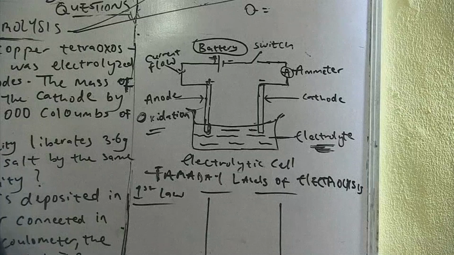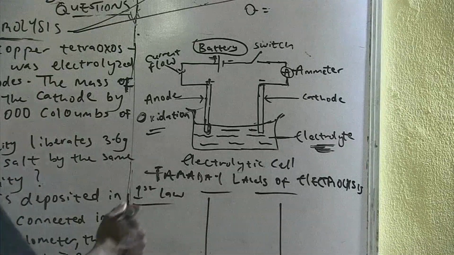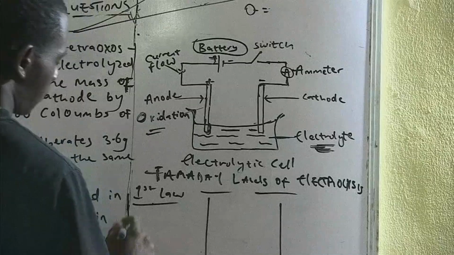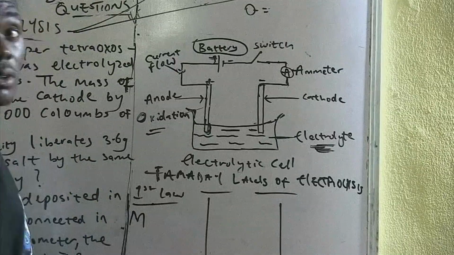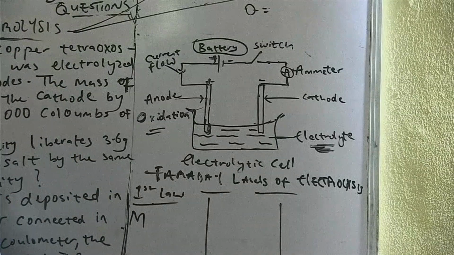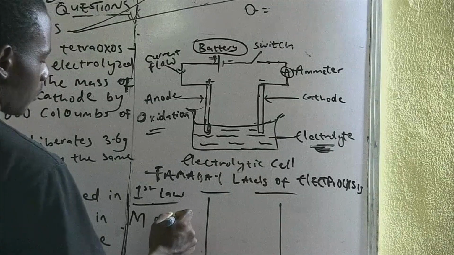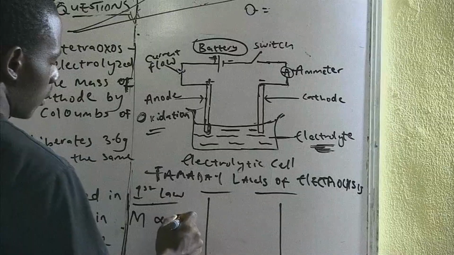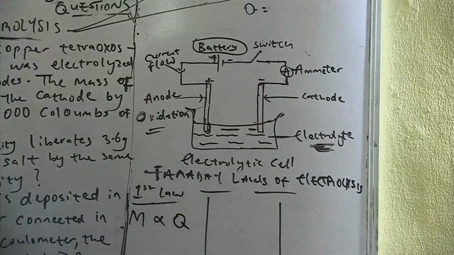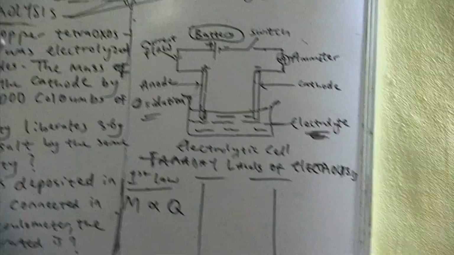The first law of Faraday states that the mass of the substance deposited during electrolysis is directly proportional to the quantity of electricity passing through the electrolyte.